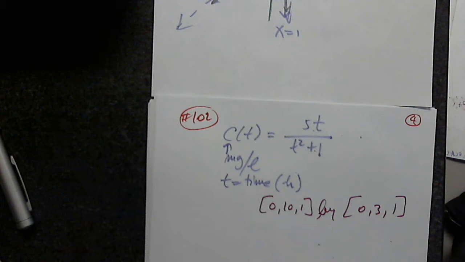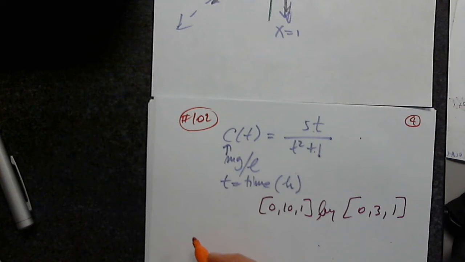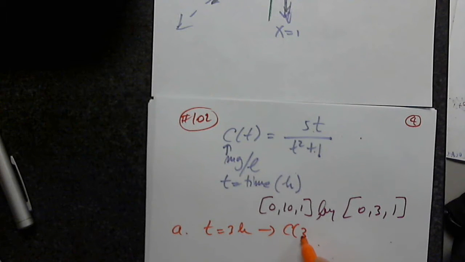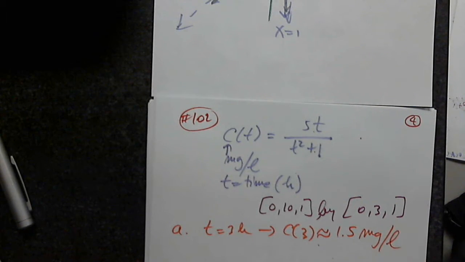What is the concentration roughly? Yes, I would say that. 1.5 milligrams per liter. Yes. From the graph, part A, t equals 3 hours. It appears that C of 3 from the graph is approximately 1.5 milligrams per liter.